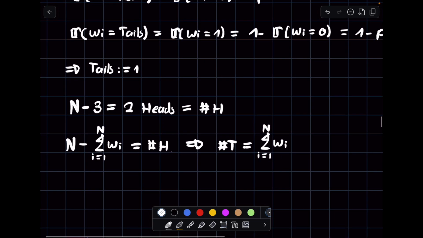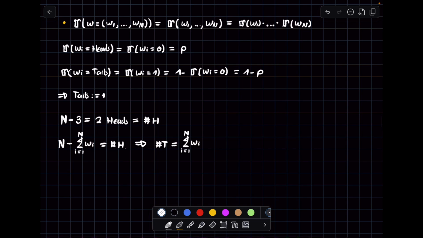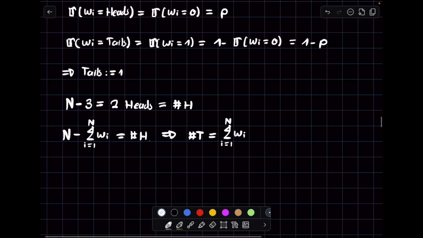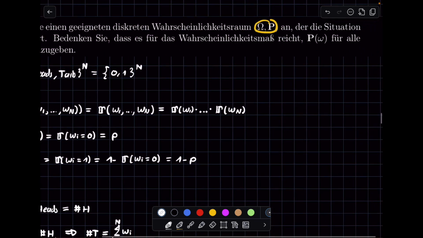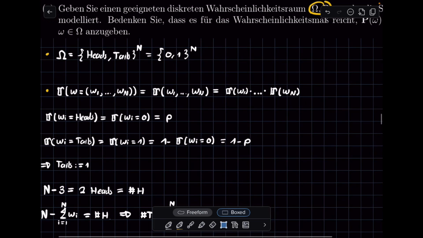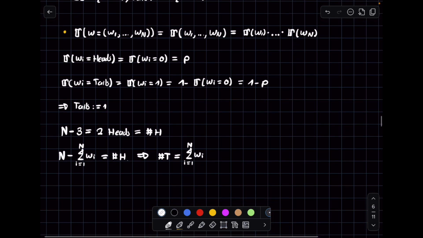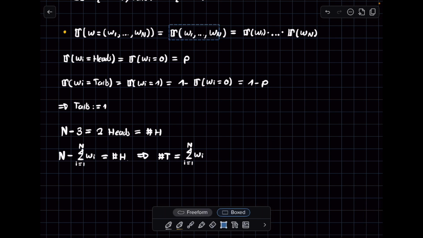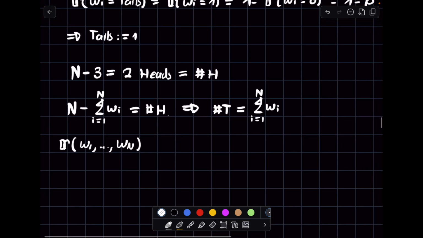So if we want to find the probability of whatever, it's going to be just a multiplication, as you can see. This is going to be the multiplications, independence. So if we want to find all the probabilities, we'll duplicate this little guy. And this is going to be equal to P, which is for our heads.